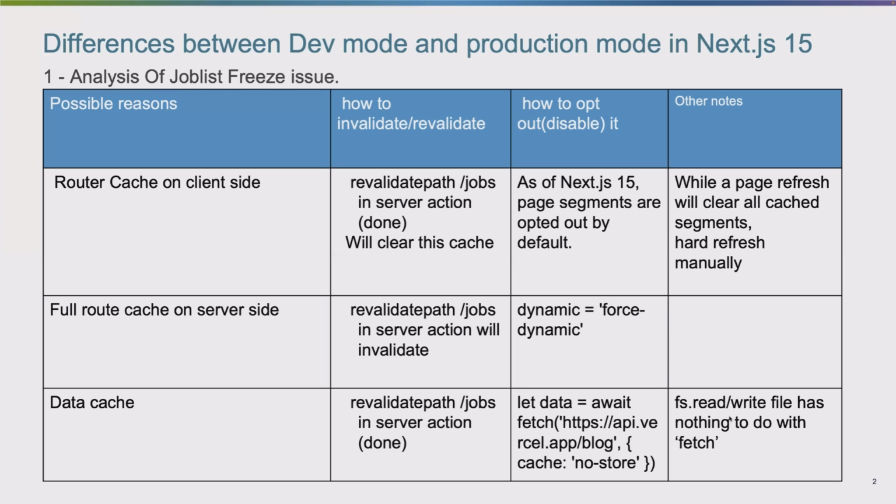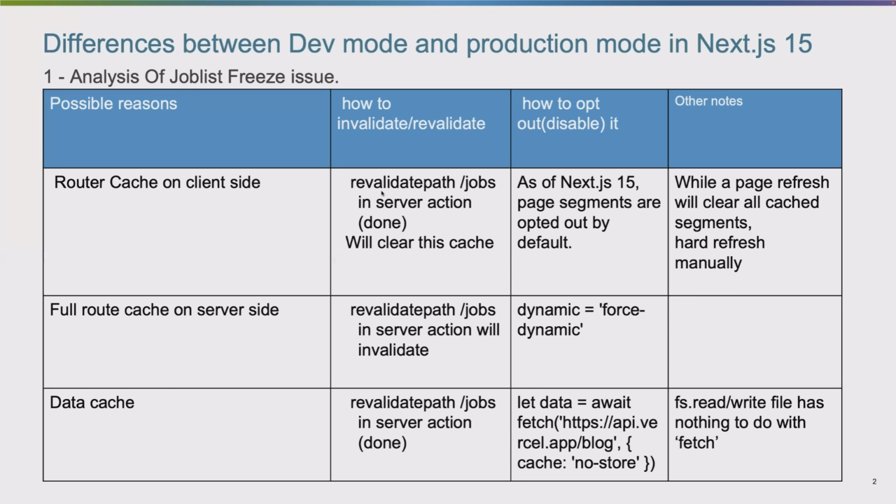But in my code, I directly use fs, the file system read and write. So I never use the fetch command, and the data cache has nothing to do with my case. The first one, the router cache, happens on the client side, but you can see how to invalidate or revalidate it, how to opt out or disable it.